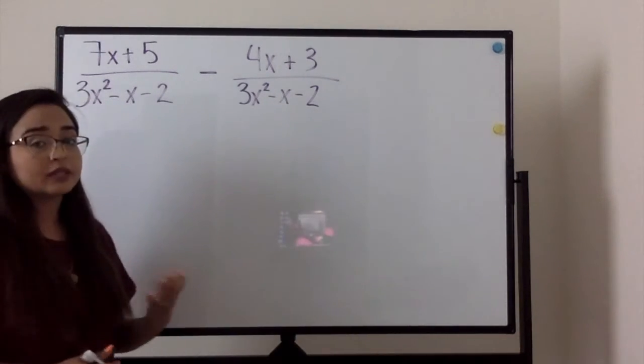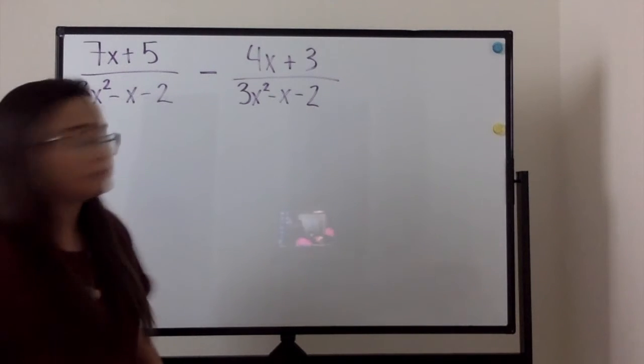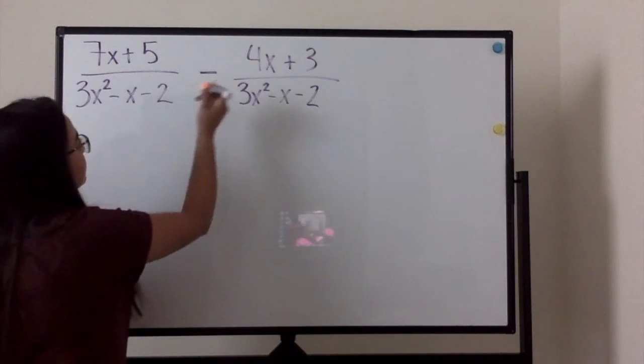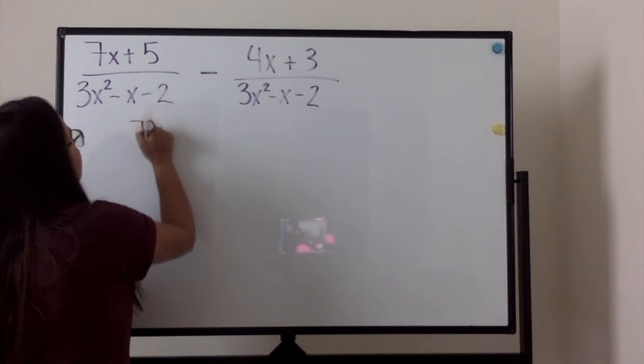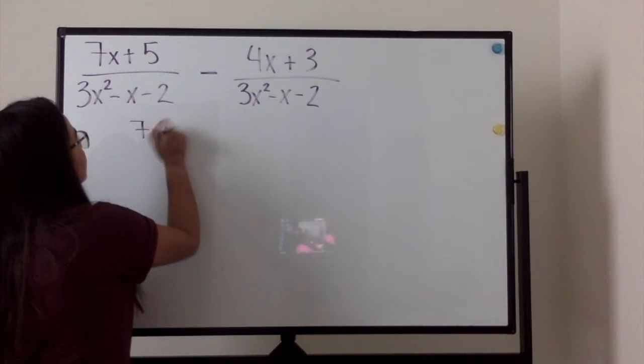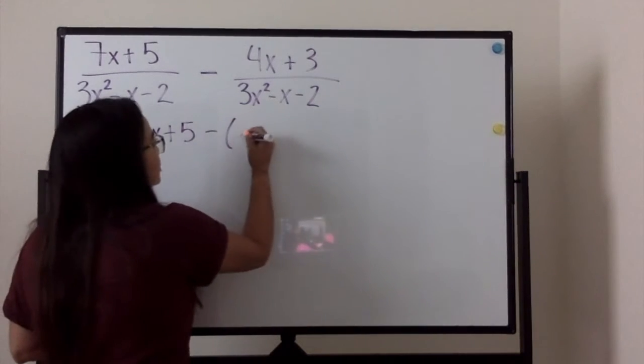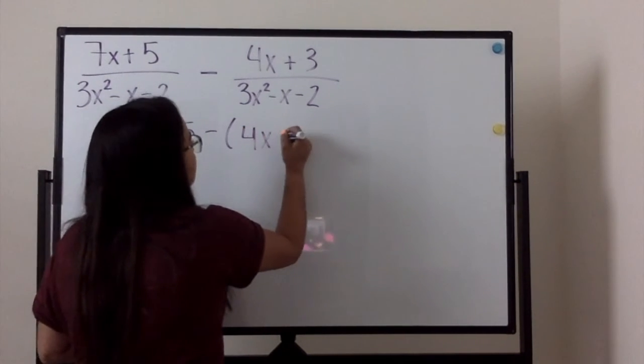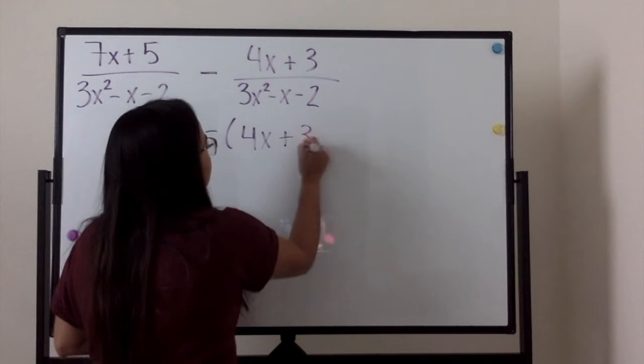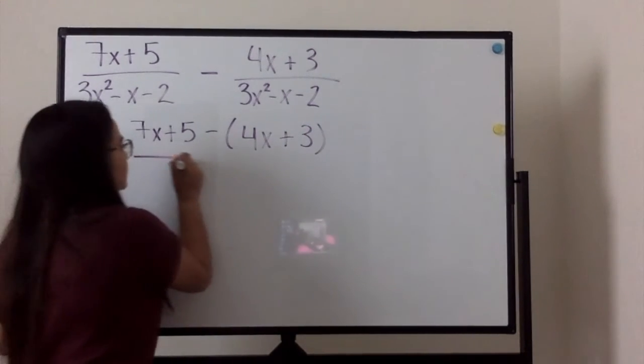Like in addition, we're going to leave our denominator as it is, and we're going to combine our numerator. But since it is subtraction, we're going to write it out like this.